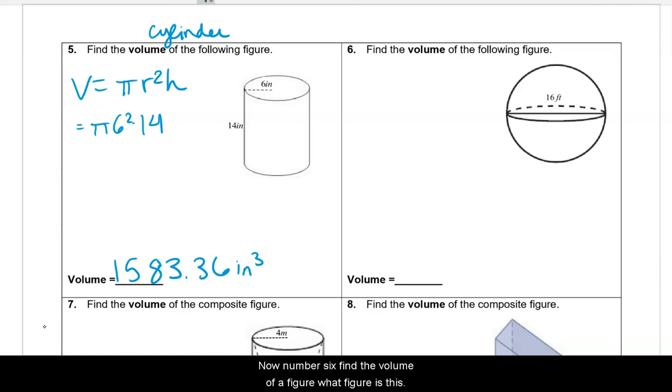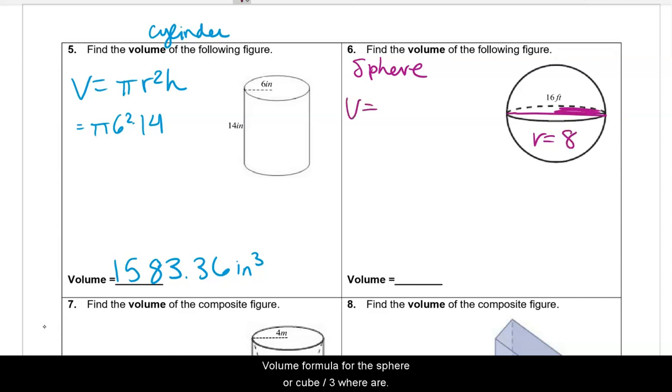Okay, now number 6, find the volume of this figure. What figure is this? A sphere. It says the diameter is 16, so what's our radius? Half of that. We only want half of the whole length of the sphere. So half of 16 is 8.